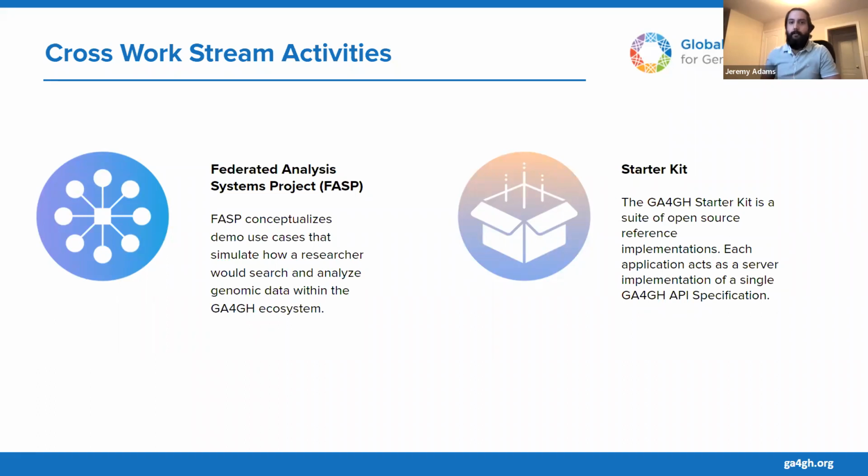FASP conceptualizes demo use cases that simulate how a researcher would search and analyze genomic data within a GA4GH ecosystem. And so in the past, multiple driver projects and implementers have participated in these scenarios. In 2020, for example, we had a demo in which a simulated researcher requested and executed the same GWAS workflow, that's genome-wide association study.